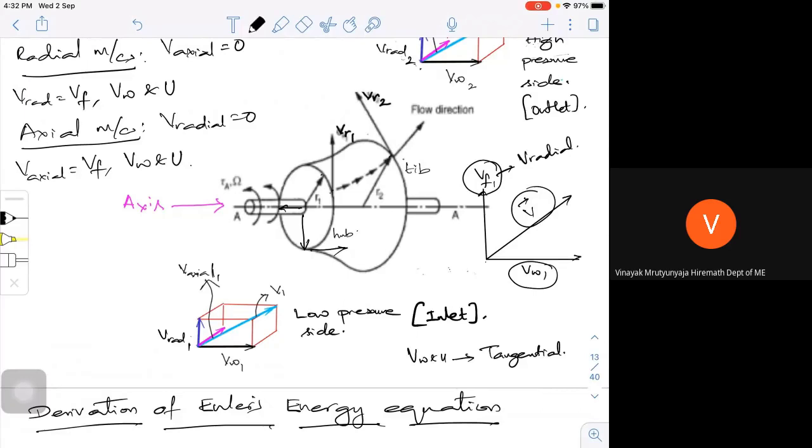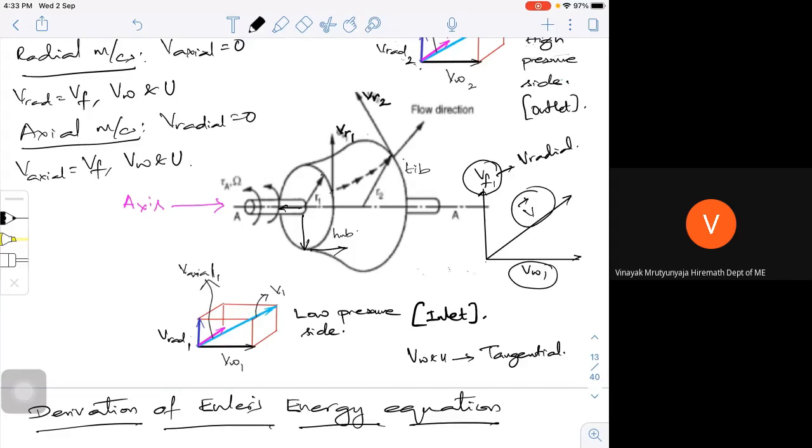If I try to draw the velocity triangle for a compressor or a pump, I will have a smaller velocity triangle at the inlet and a bigger velocity triangle at the outlet. For a turbine, I will have a bigger velocity triangle at the inlet and a smaller one at the outlet, because energy is getting absorbed. Here, the energy is getting added in the case of a pump and compressor.